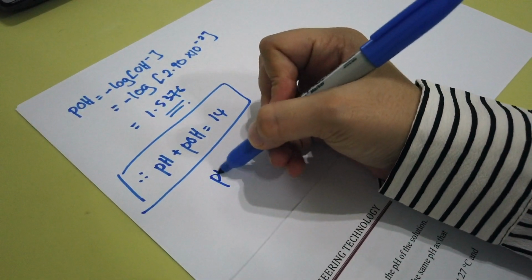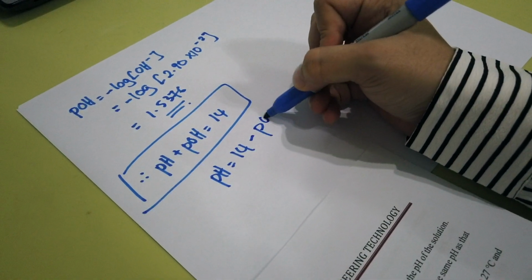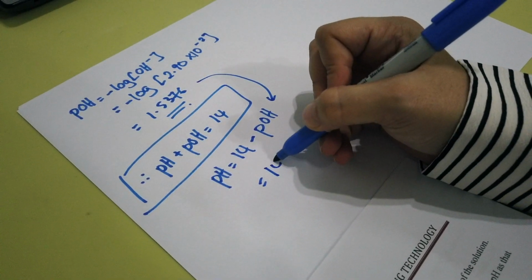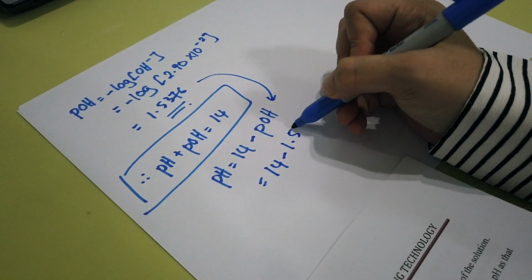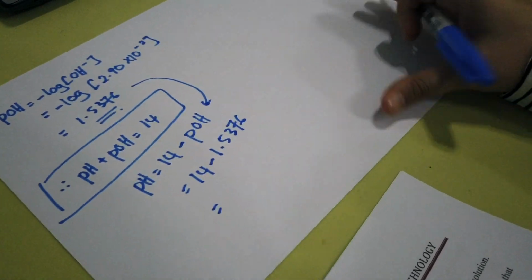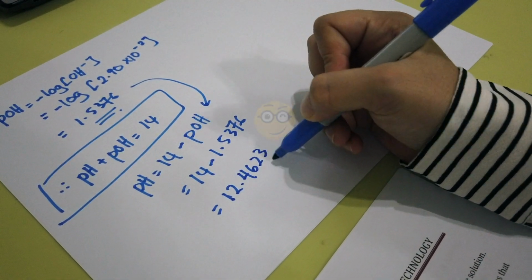So pH is equivalent to 14 minus pOH, where your pOH is this value. So 14 minus 1.5376, you will get your pH equivalent to 12.463.